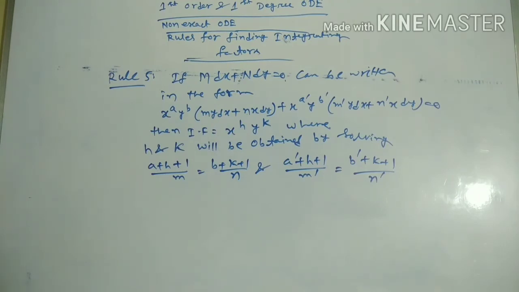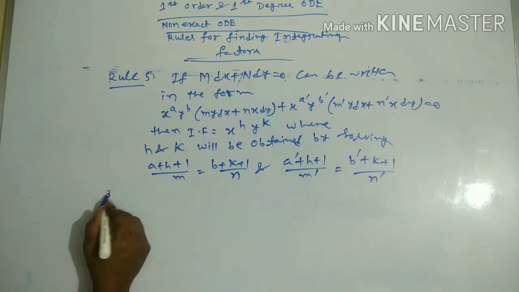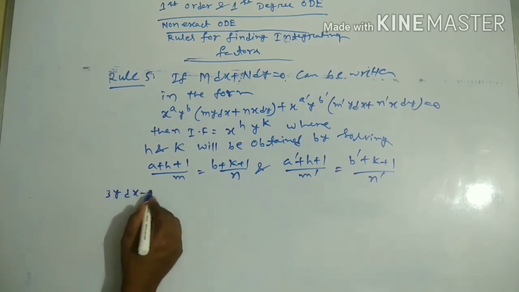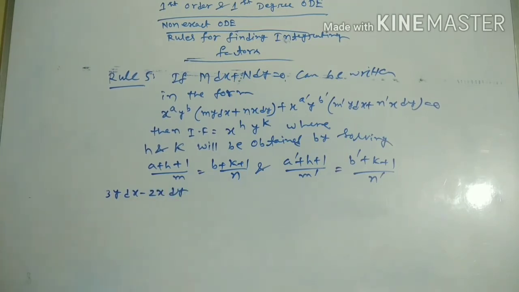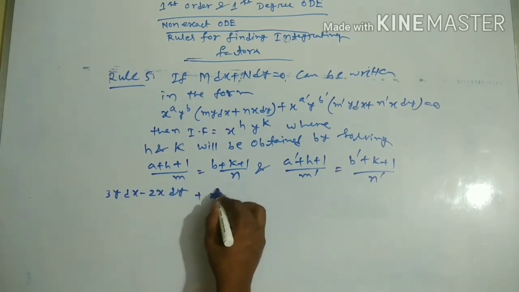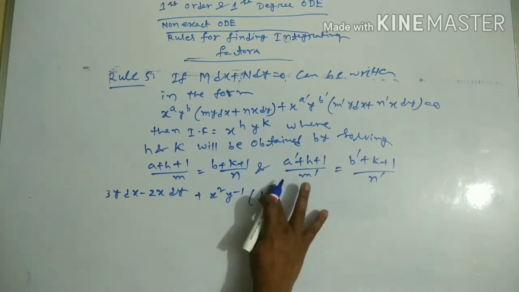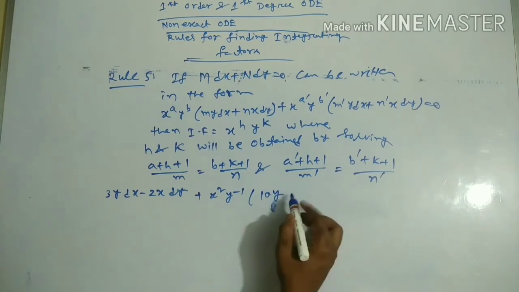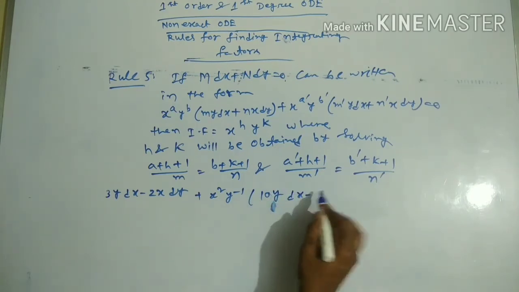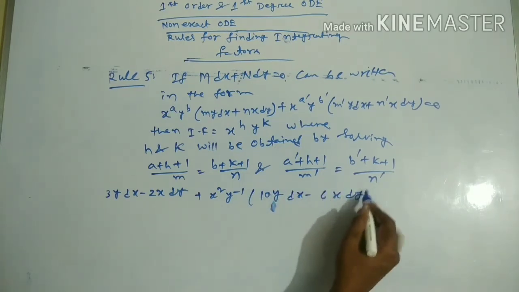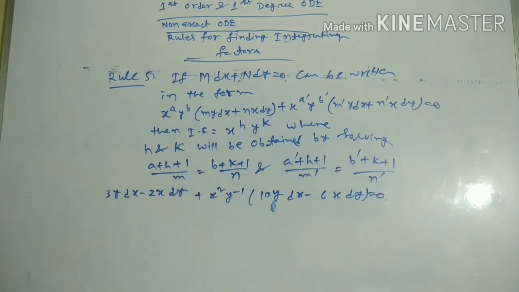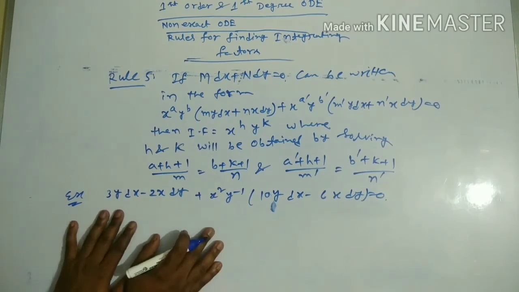Okay, we will take an example. 3y dx minus 2x dy plus x²y^(-1)(10y dx minus 6x dy) equal to 0. Now see, this equation is already in this form.